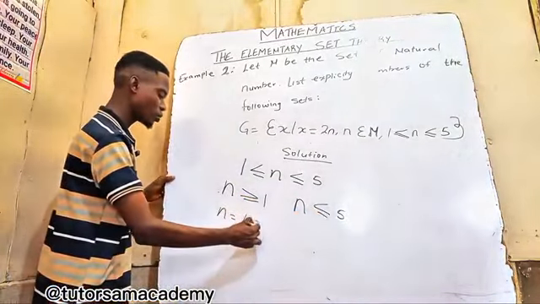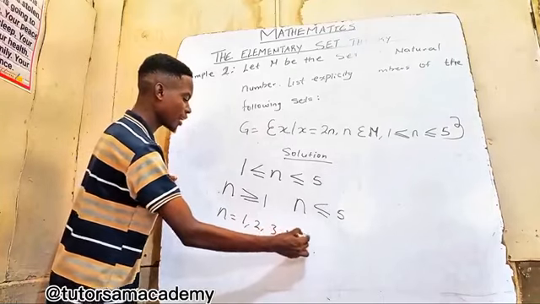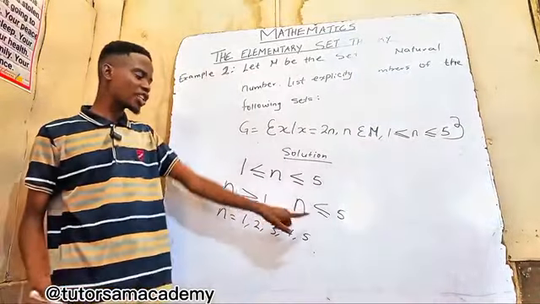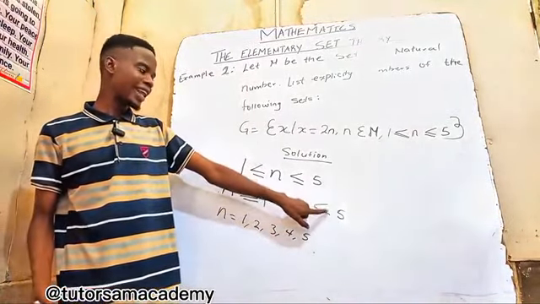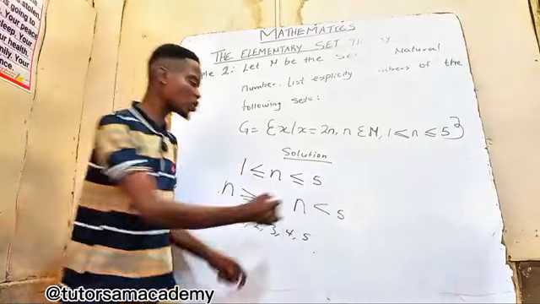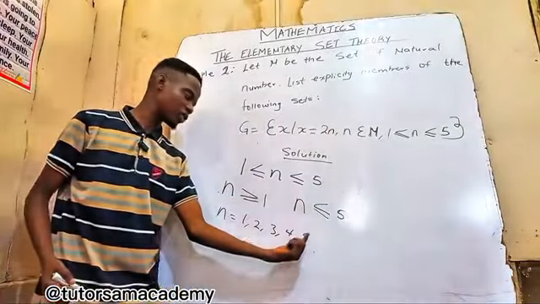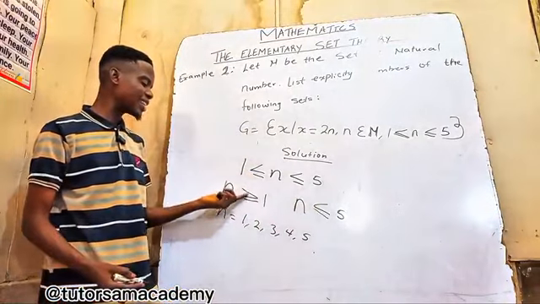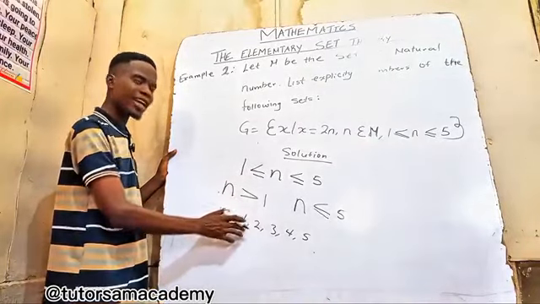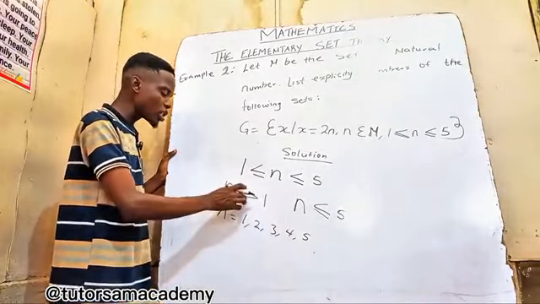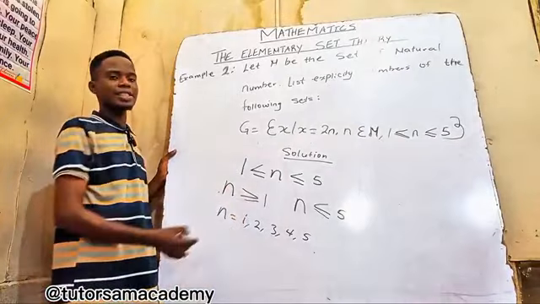So n will be 1, 2, 3, 4, and 5. If I did not have this equal here, I would say n is less than 5. But because of this equal to, 5 is inclusive. If n is greater or equal to 1 and this equal is not here, n will be greater than 1, and I will start from 2. But because equal is there, 1 is inclusive.